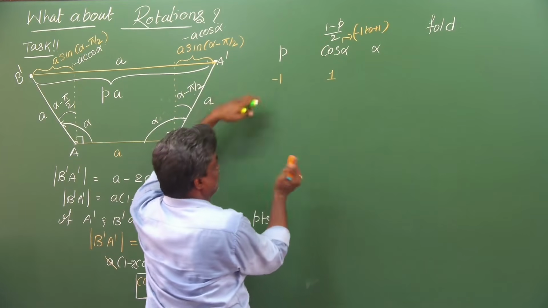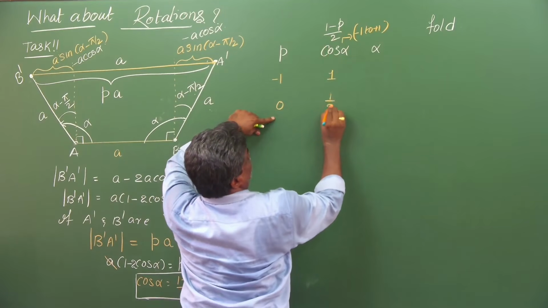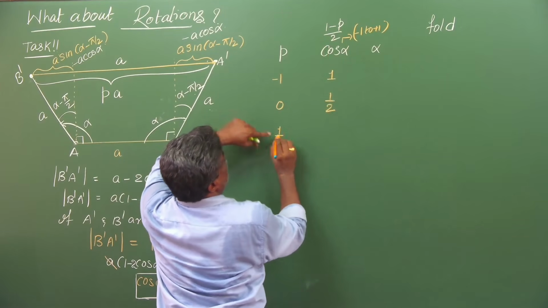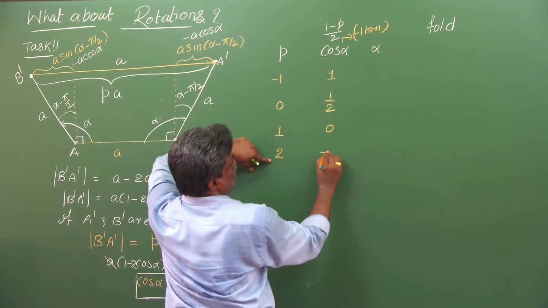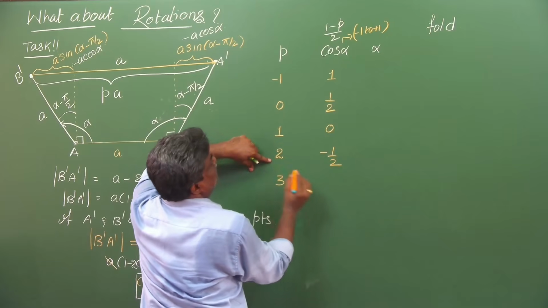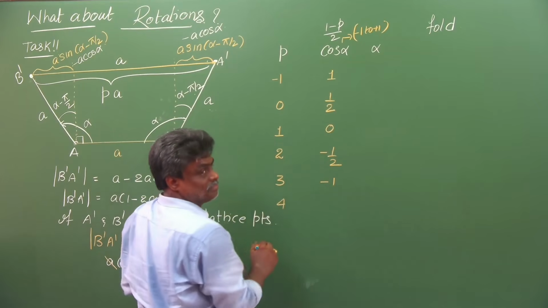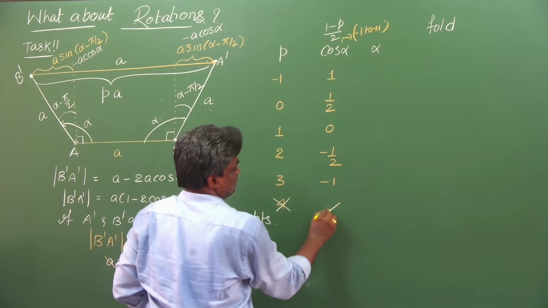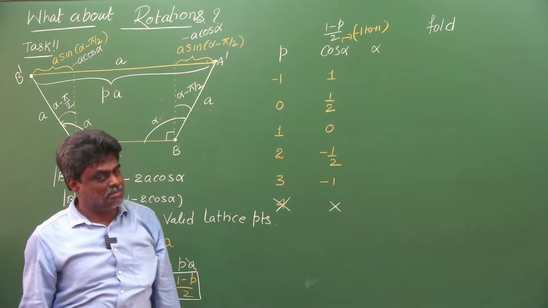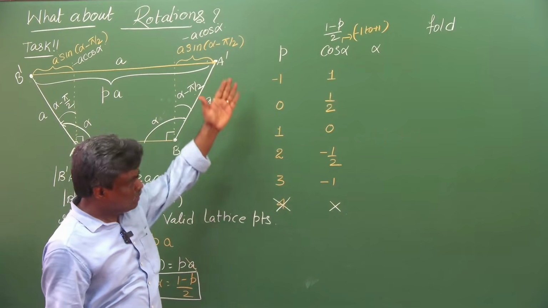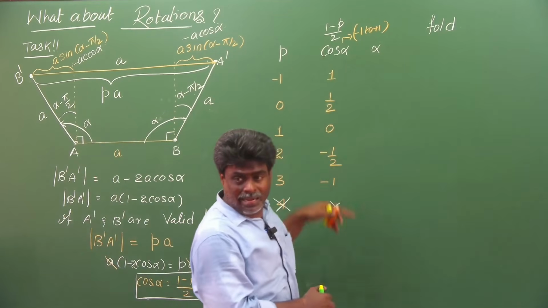Right. Now I am taking P equal to 0. Next I am taking P equal to 1. Good. I am taking 2. I am taking 3. Shall I take 4? No, because cos alpha lies between plus 1 and minus 1, only these values are allowed. Let us see what you will get. Are you understanding?